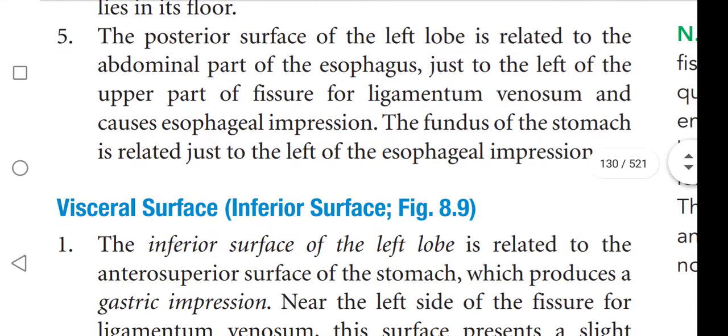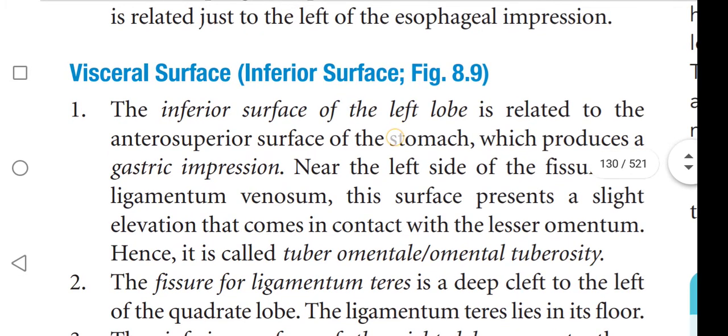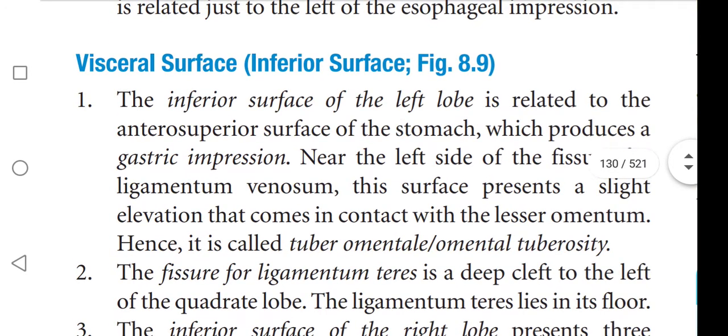Okay. Coming to the visceral surface or inferior surface. The inferior surface of the left lobe is related to the anterior-superior surface of the stomach, which produces a gastric impression.